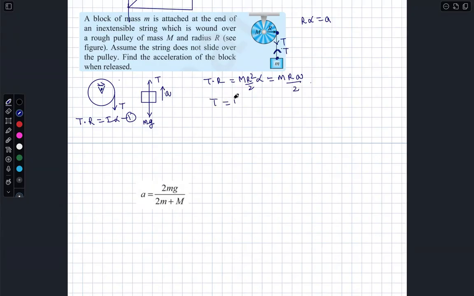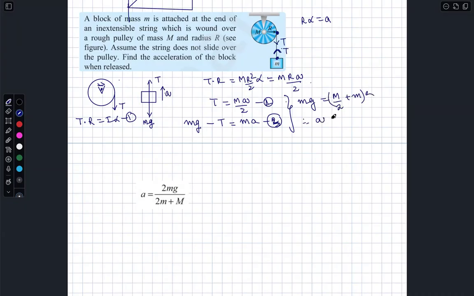So tension is Ma by 2, equation 1. Equation 2, free body diagram of the block. From these equations, you can conclude, the sum gives mg is (M by 2 plus m) a.